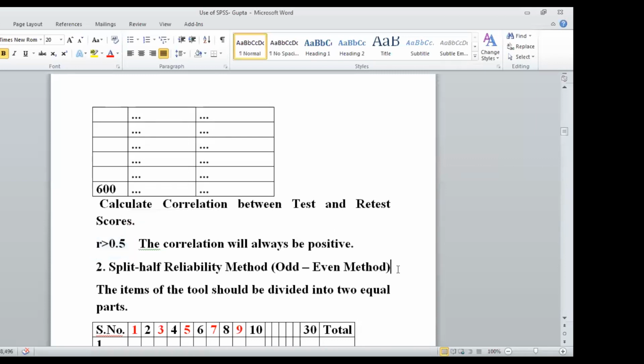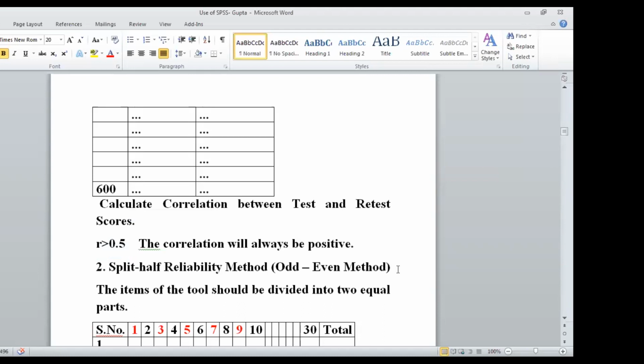Now, there is another method, split half. As the name suggests, that you have to split the tool in two parts, two equal parts. If you have a scale, you should have positive number of items and negative number of items in both the parts of equal.